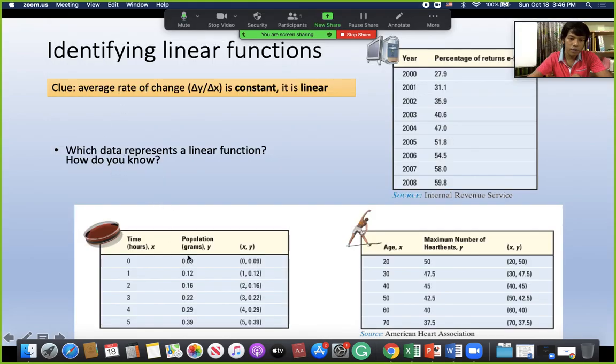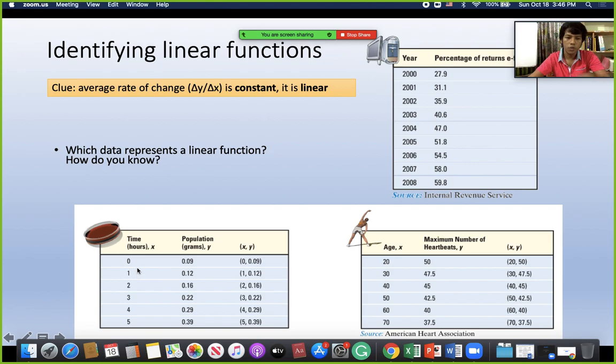So now if you look at this value and this value, what is the change? You can just have a look. You can use the calculator also. 0.12 minus 0.09 is 0.03.